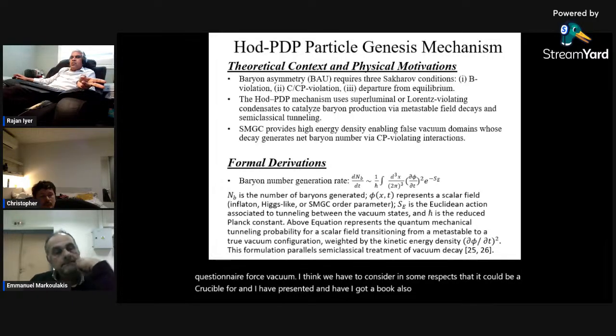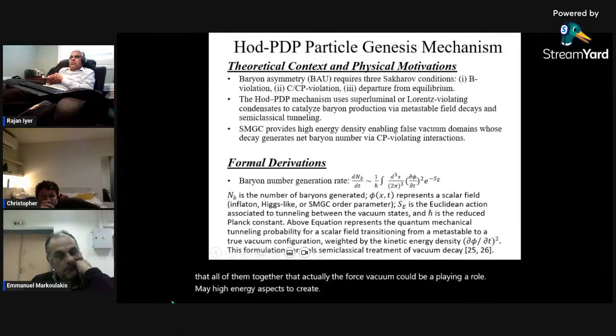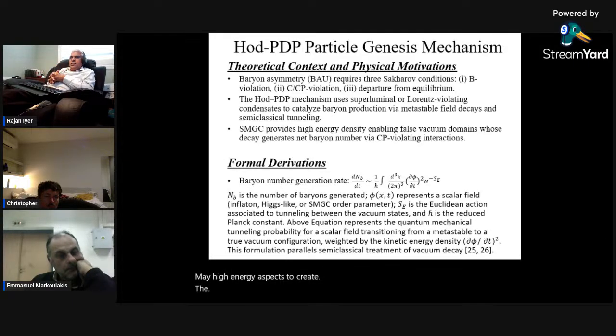I presented all of them together, that actually the false vacuum could be playing a role in the high energy aspects to create the nucleus, which is the formation of hadrons. So it's a high, strong nuclear aspects.